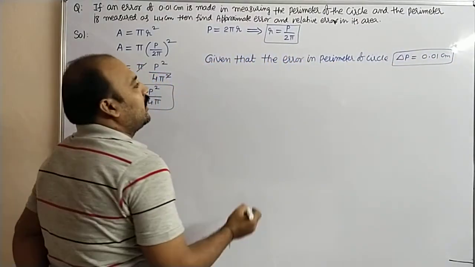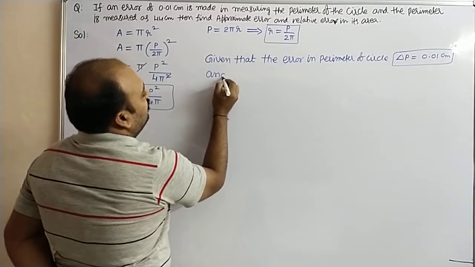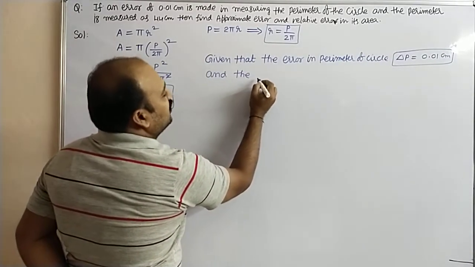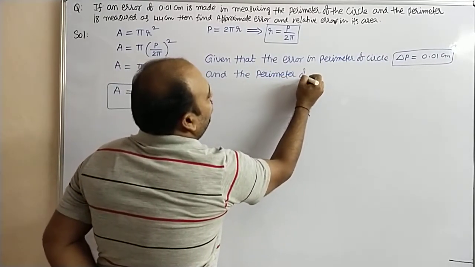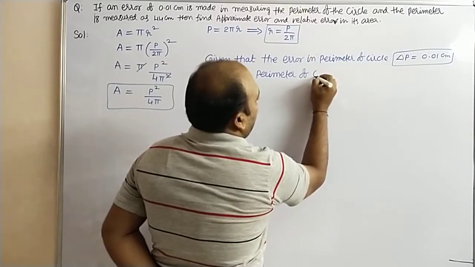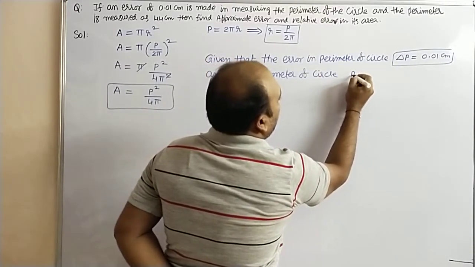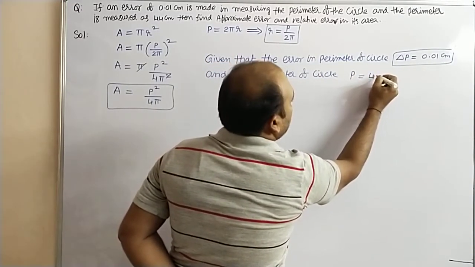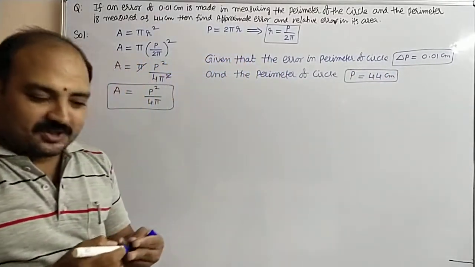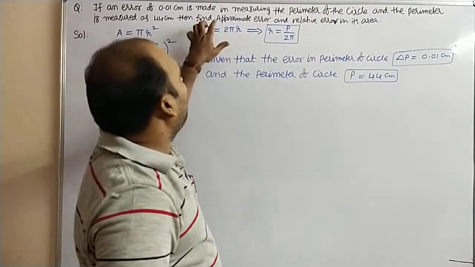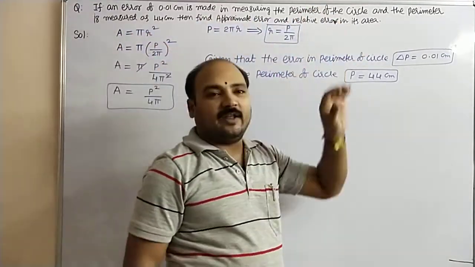Delta P value is given. And the perimeter of the circle is also given. P is equal to 44 centimeters. That is also given. Now, two questions are there: one is the approximate error and the other is the relative error.